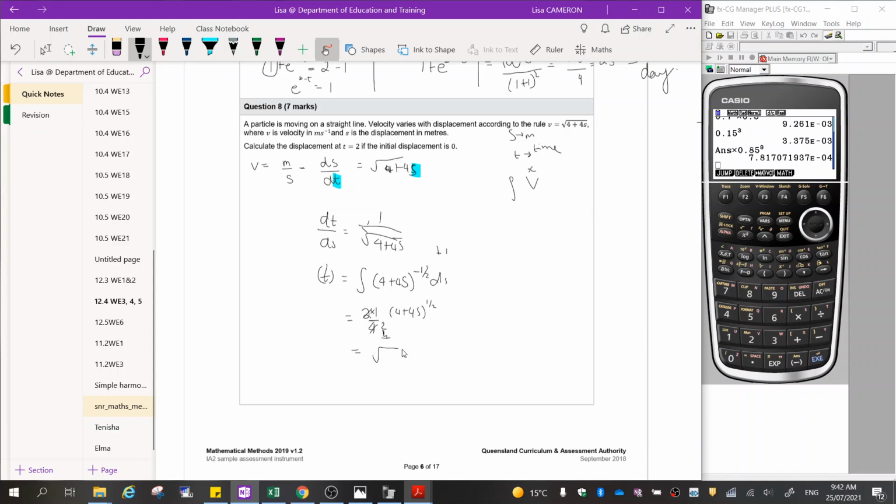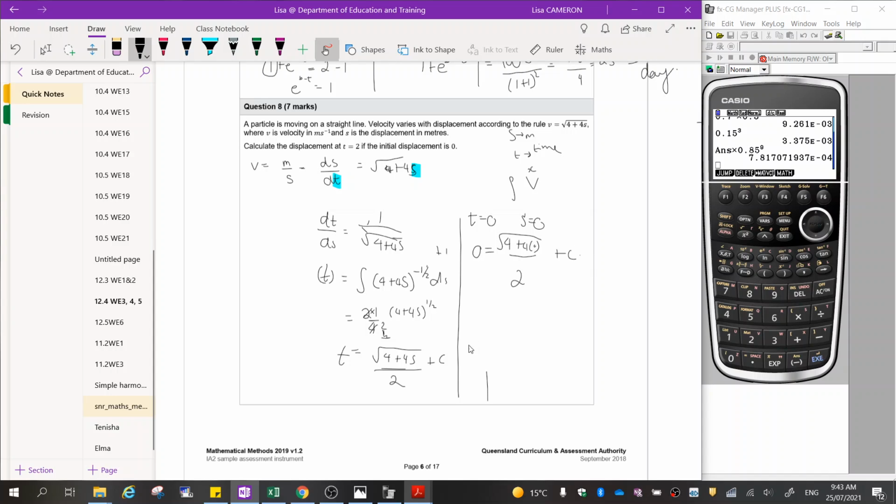So now I've got the integral is equal to the square root of 4 plus 4s, over 2, plus c. Okay, so that is a function for the time in terms of displacement. So now I can start substituting in to work out what c is. Because we do know that initially, which means time is equal to 0, the displacement is equal to 0. So 0 is equal to the square root of 4 plus 4 times 0, over 2, plus c.